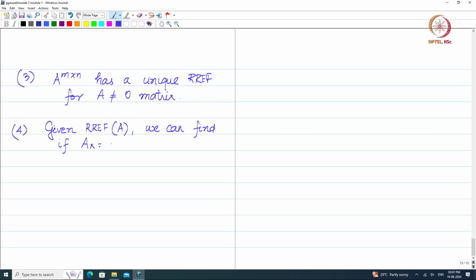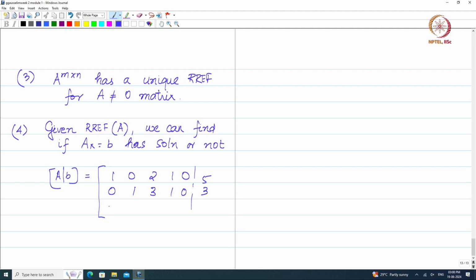Let us see the example. 1 0 2 1 0 5. 0 1 3 1 0 3. 0 0 0 0 7.